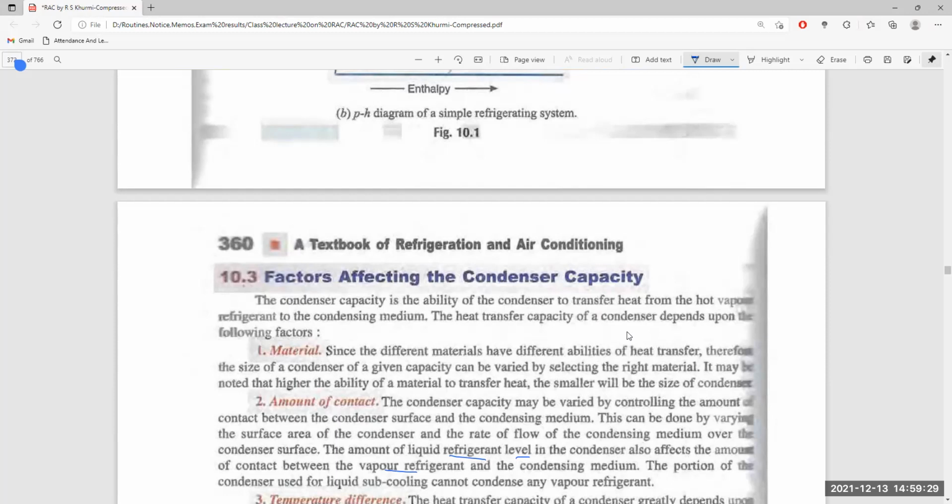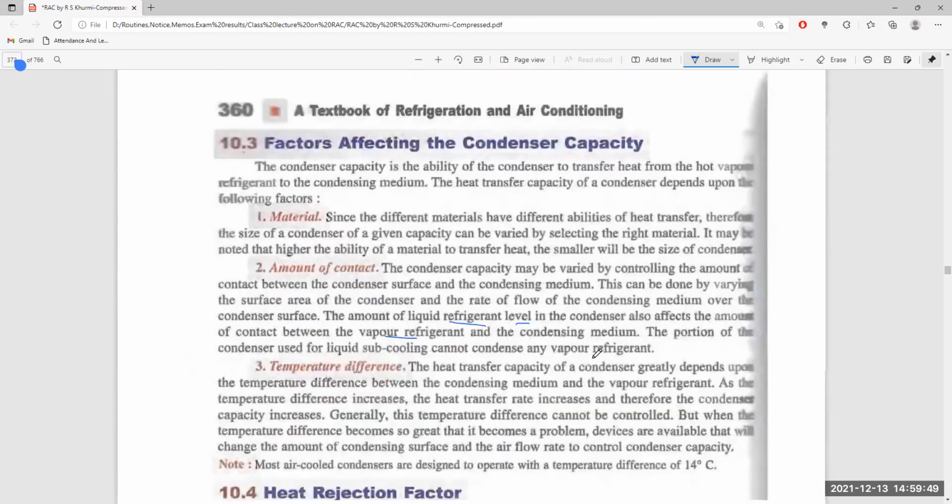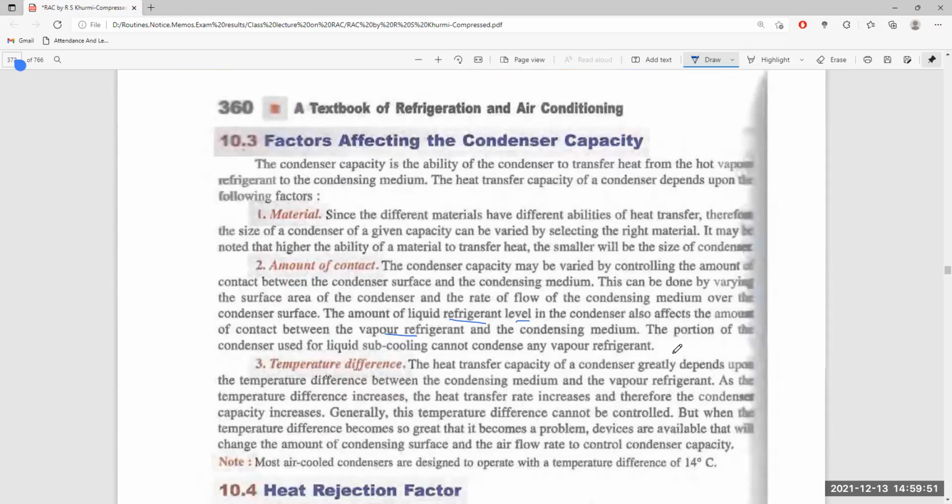The refrigerant has already released latent heat and is being cooled only from the present position below the saturation point. We should remember that the subcooling area doesn't have any vapor refrigerant, it's all liquid refrigerant.